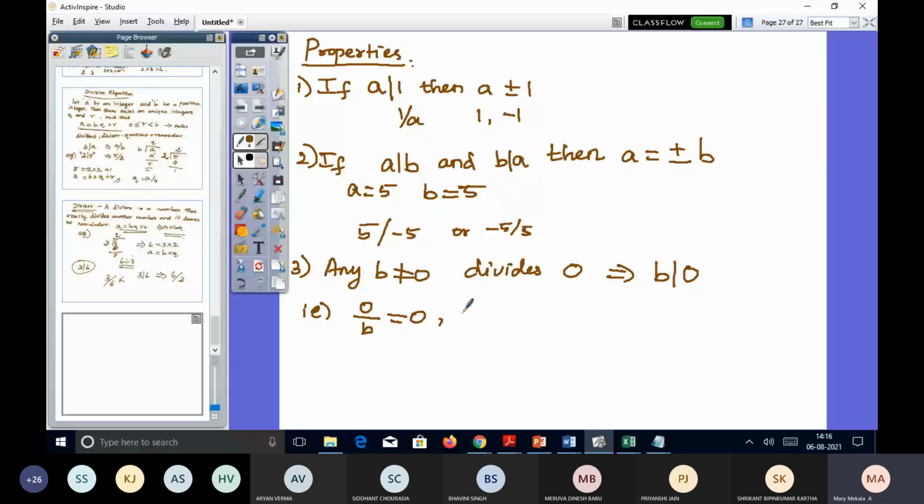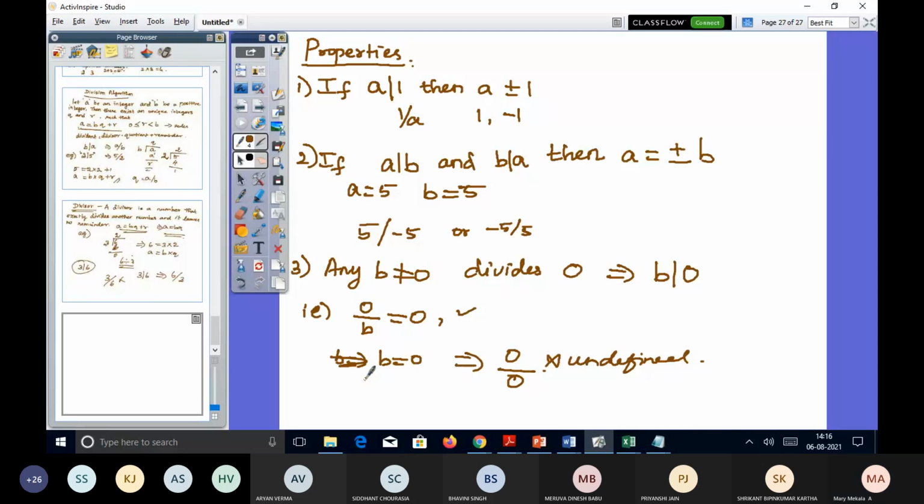So this is true, it means B divides 0. But if B is equal to 0, 0 divided by 0 gives an undefined number. It is not correct. So the B value should not be equal to 0, right?